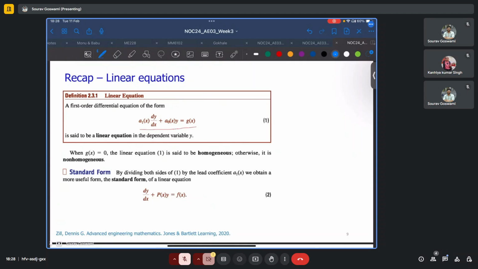If the RHS, g(x), is non-zero, then the equation is called non-homogeneous. To bring it into the standard form of the linear equation, we simply divide the equation throughout by the coefficient of dy/dx. That gives us 1 times dy/dx plus p(x) y equals f(x).